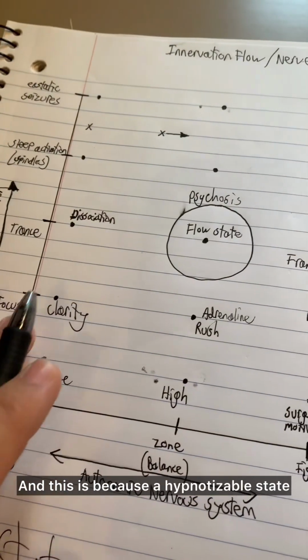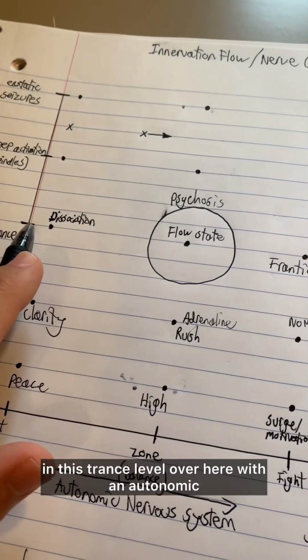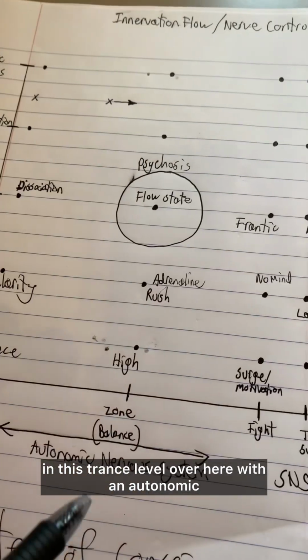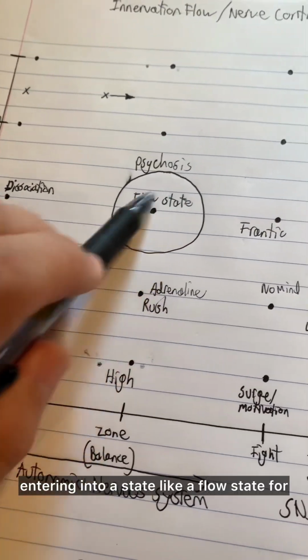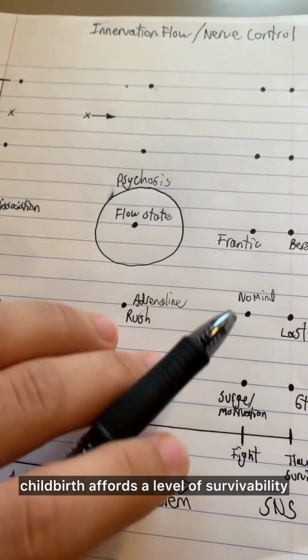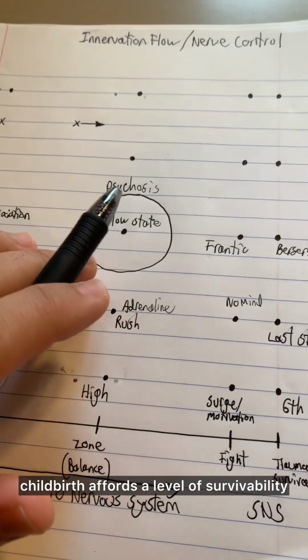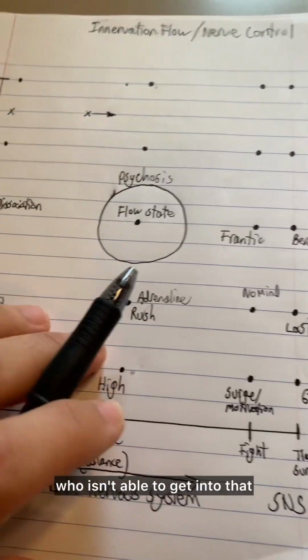And this is because a hypnotizable state in this trance level over here with an autonomic nervous system that's balanced, entering into a state like a flow state for childbirth affords a level of survivability more than someone who isn't able to get into that.